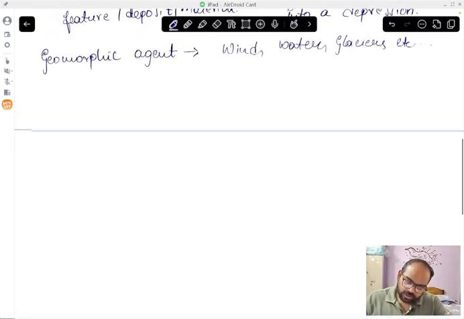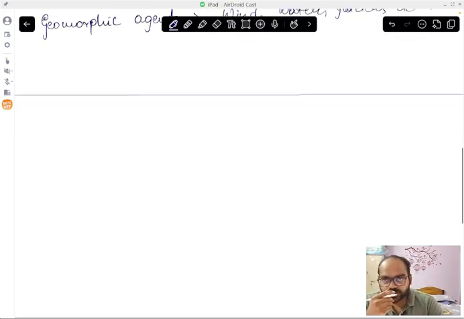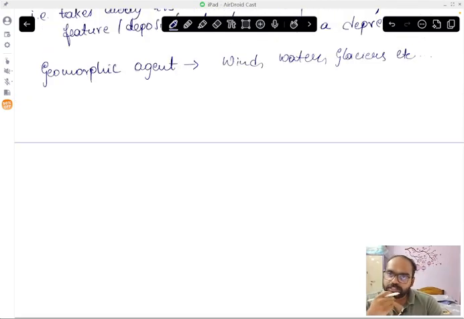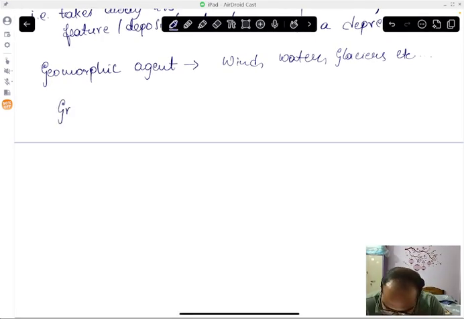For exogenetic forces to operate, we need geomorphic agents. Apart from geomorphic agents, we need another force called gradient. Gradient means nothing but difference.